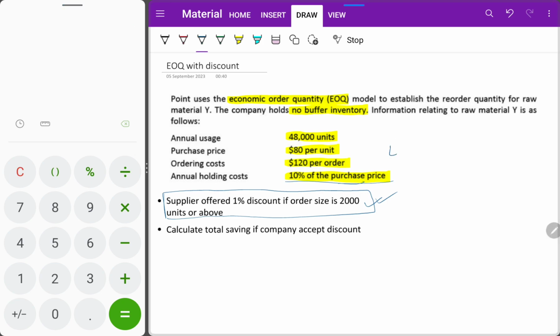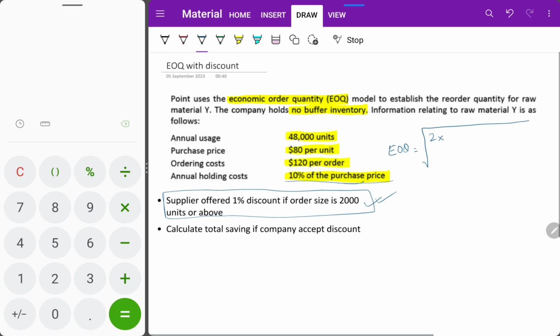Alright, so EOQ will be what? EOQ in this case will be the square root of 2 multiplied by annual demand, which is 48,000, multiplied by ordering cost, which is 120, divided by holding cost per unit per annum. Holding cost is 10% of the purchase price. Purchase price is $80 per unit, so that will be $80 times 10%, right?